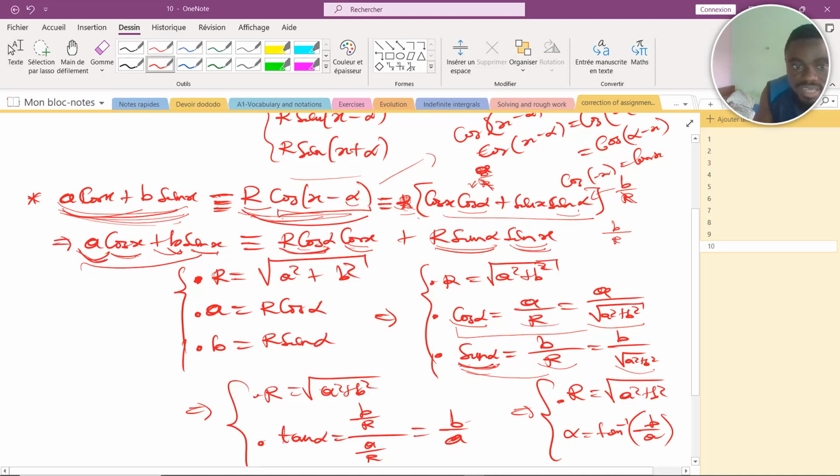Since there is sin X here and sin X here, then this B must be equal to R sin alpha. From there, I'll do all this gymnastics. I'll make cos alpha the subject, which will be A on R, and sin alpha the subject, which will be B on R. From there, I'll have R equal to this, and to find alpha, I'll divide sin by cos, so I'll have tan alpha equal to this divided by this. From there, I'll have my R and my alpha. Is that okay?